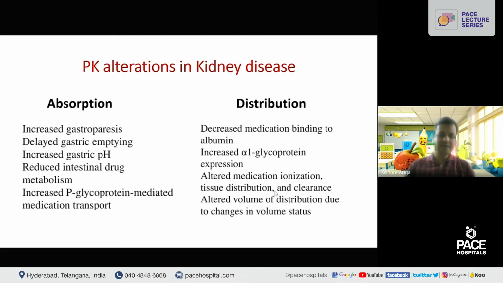This is because the urea which is elevated in these patients is secreted into the saliva, and this urea contained in the saliva is converted to ammonia inside the stomach. So this ammonia will increase the pH level, which can alter drug absorption. So if we take these three parameters of gastroparesis, delayed gastric emptying, and gastric pH, we think that drug absorption is delayed in patients with kidney disease.